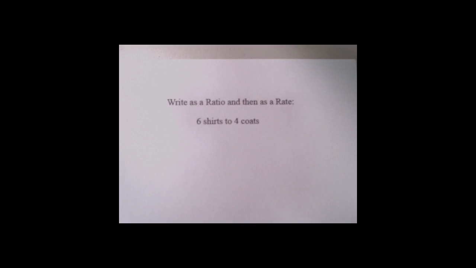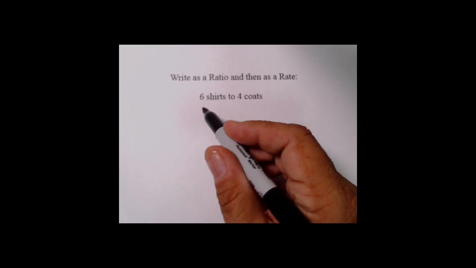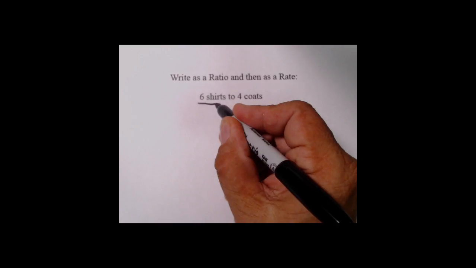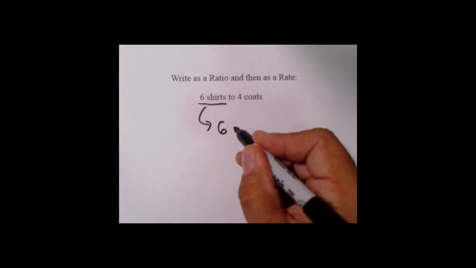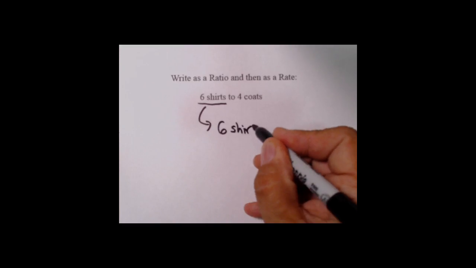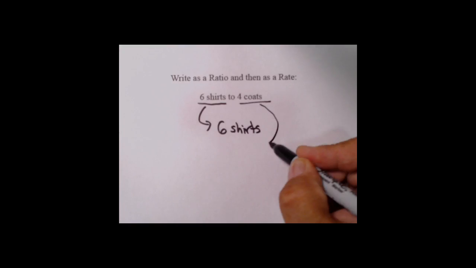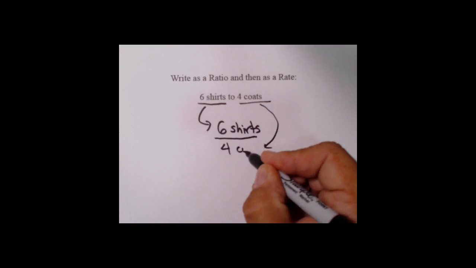Okay, here's another little practice of writing a ratio and then a rate. This is very similar to the last one we had. Here's the idea. Whatever's mentioned first goes upstairs, so 6 shirts, and downstairs goes 4 coats.